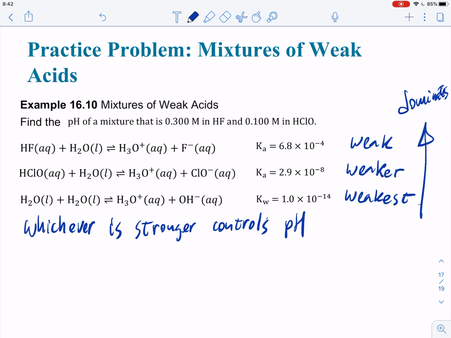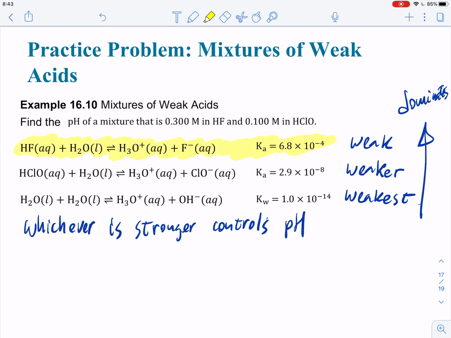And which one is stronger here? The hydrofluoric acid. So in this situation, the hydrofluoric acid controls the pH because it's the stronger acid in the mixture. You can think in terms of the hypochlorous acid, whose Ka is 10 to the negative 8 versus 10 to the negative 4. There are 4 orders of magnitude, so a 10,000 times larger constant.